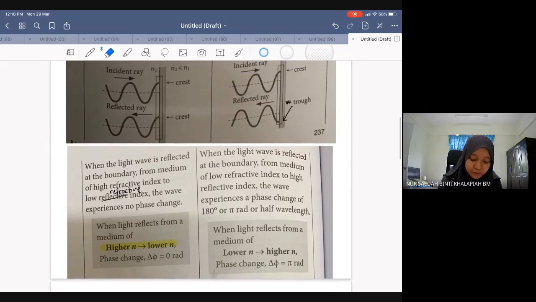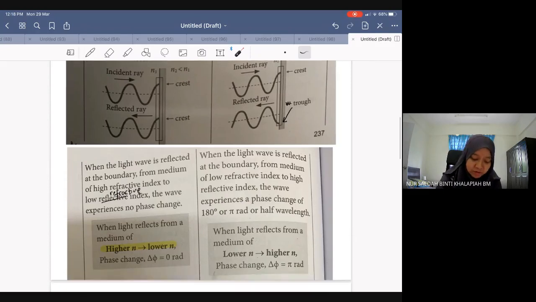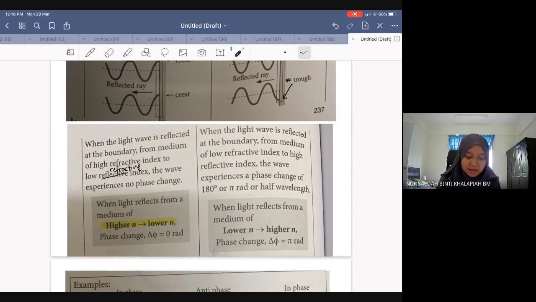The phase change is pi radians, 180 degrees, because the difference between a crest and a trough is pi radians; crest to crest is 2 pi radians, and we want only half of it, so it becomes pi radians.